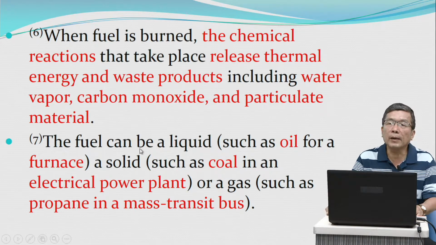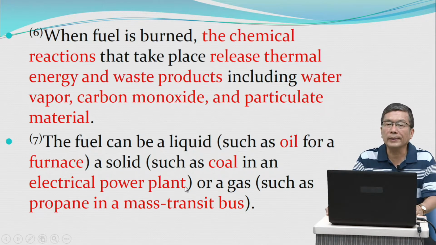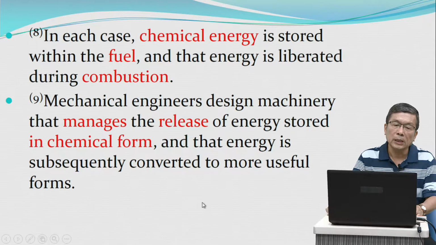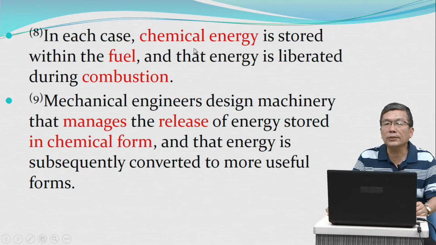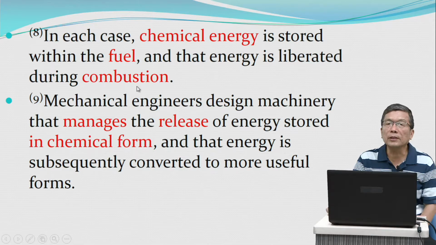The fuel can be liquid, such as oil for a furnace, a solid, such as coal in an electric power plant, or a gas, such as propane in a mass transit bus. In each case, chemical energy is stored within the fuel, and that energy is liberated during combustion.